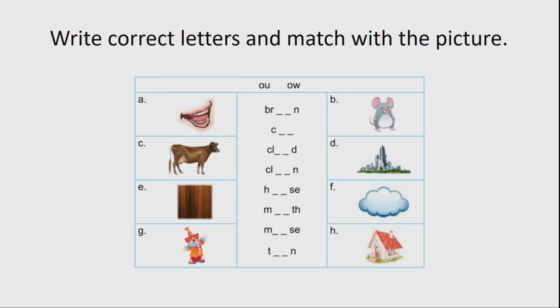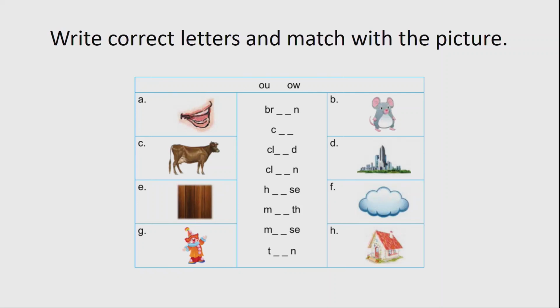A, it's mouth. B, it's mouse. C, cow. D, town. E, brown. F, cloud. G, clown. H, house. Now match the pictures with words.